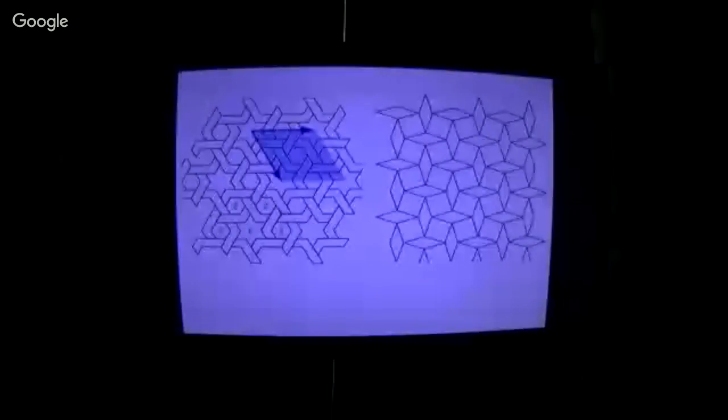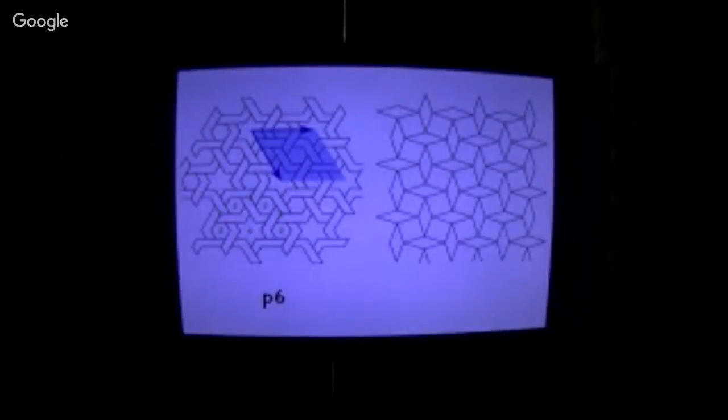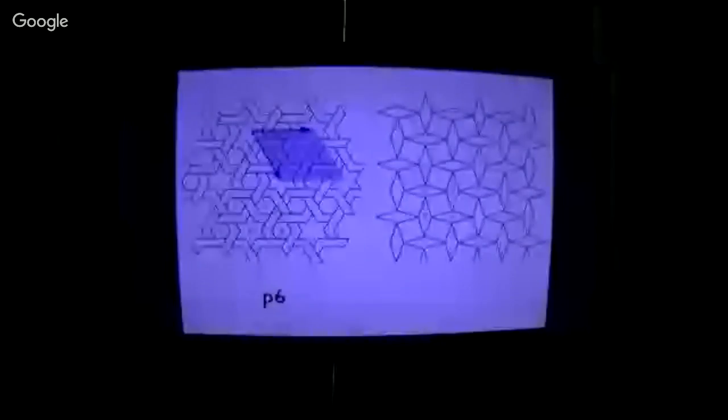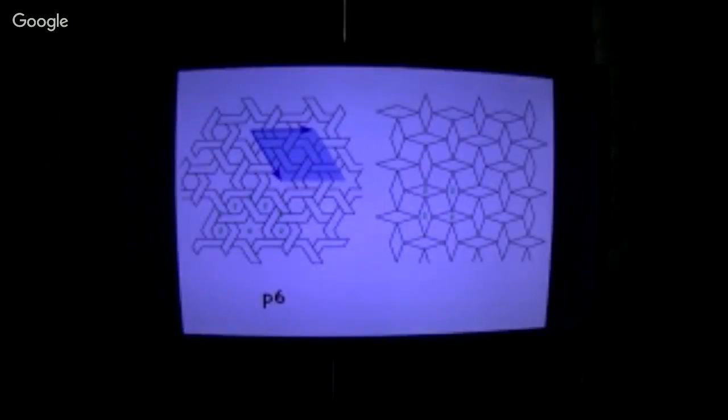And this is the unit cell, and this is called P6 as the symmetry. The one on the right-hand side, you see the twofold symmetry axis. You have the fourfold symmetry axis. You see the squares? And fourfold symmetry is square all the time.